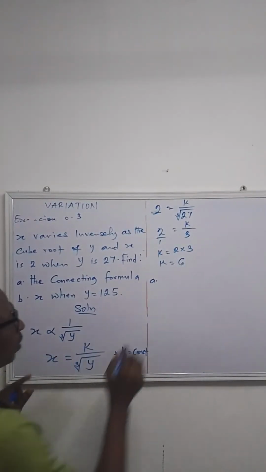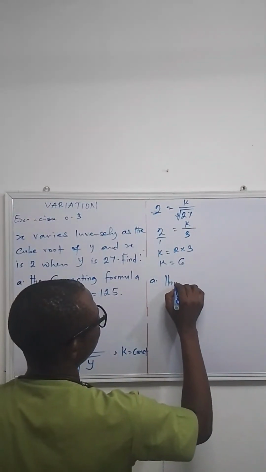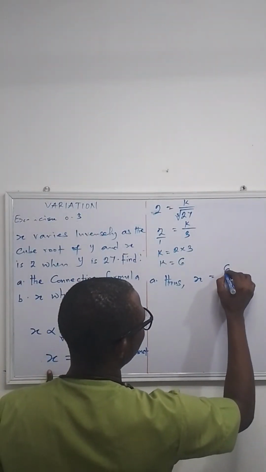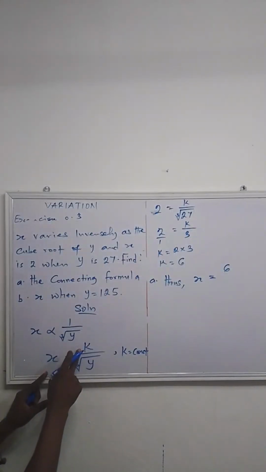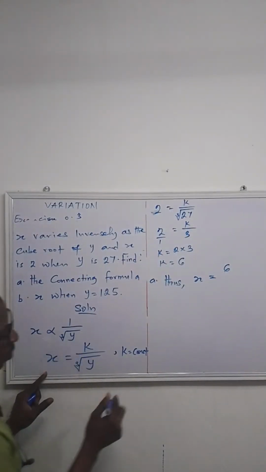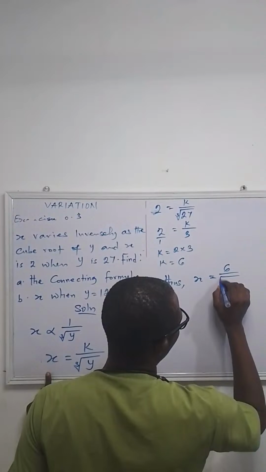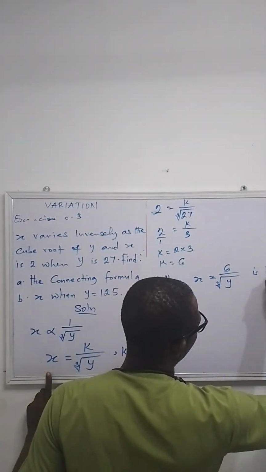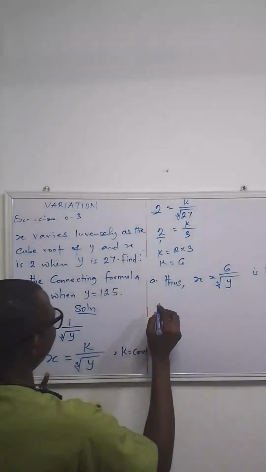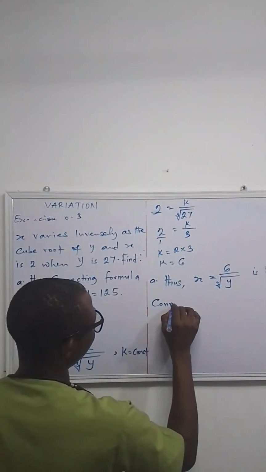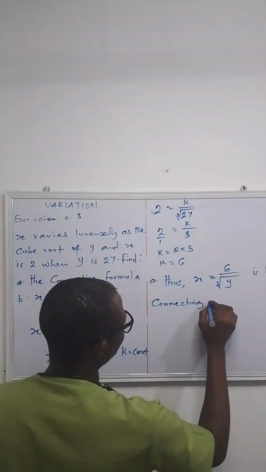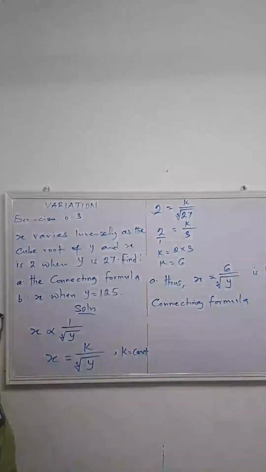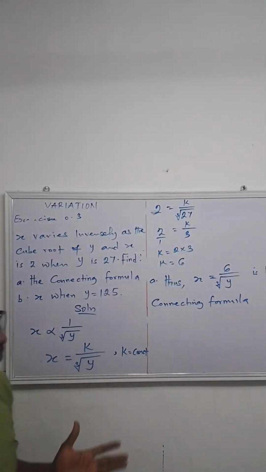So we now write x equals 6 over cube root of y, and that is the connecting formula. Do you get that now? So we have gotten the connecting formula.